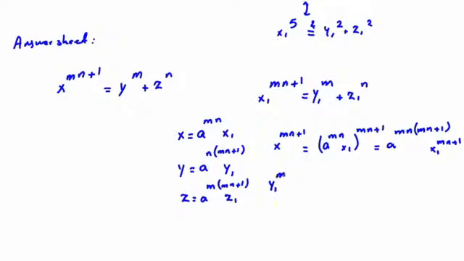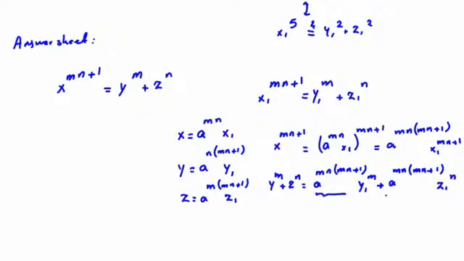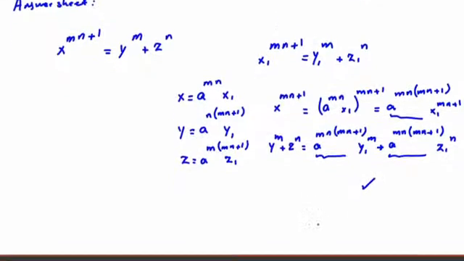Now y to the m plus z to the n: y is a to the n times mn plus 1 times y1, raised to the power of m, and z raised to the power of n, the power multiplied by n, gives mn plus 1 times z1 to the n. Now, as you can see, these coefficients are equal in all of them. And we know x1 to the mn plus 1 equals y1 to the m plus z1 to the n. So we found infinitely many solutions.